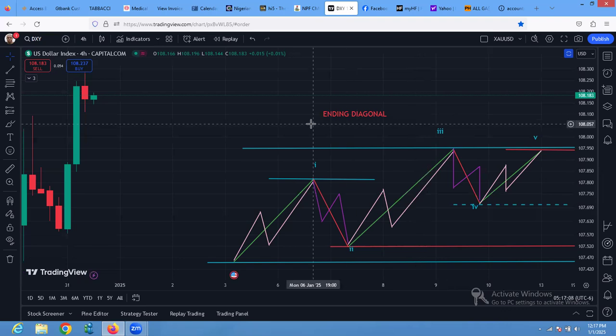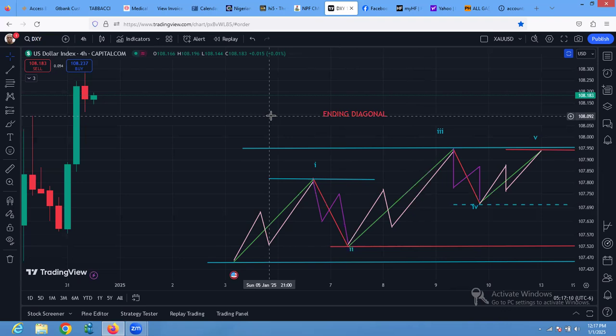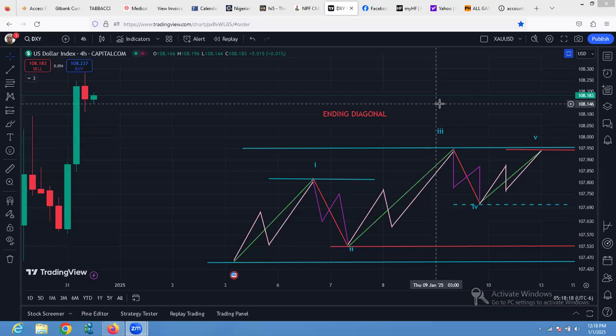But leading diagonal, commonly you'll see that in wave 2 and probably wave B. Yeah, that's where you see leading diagonal most of the time, in wave 2 or wave B, or the C leg of wave 2 and wave sorry for the network that is fluctuating.